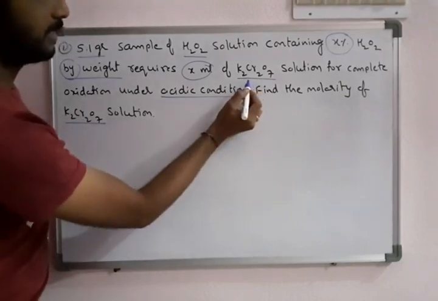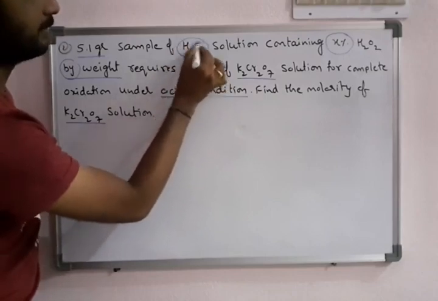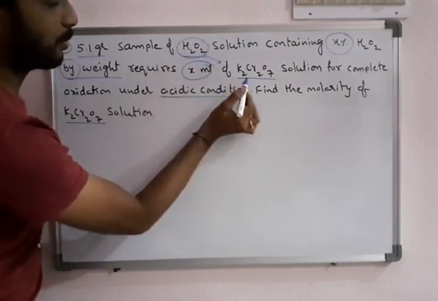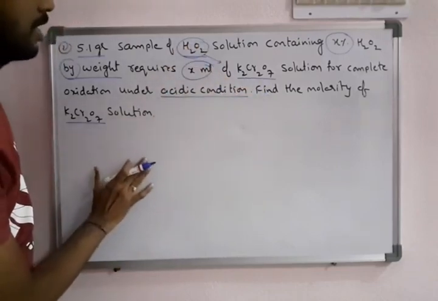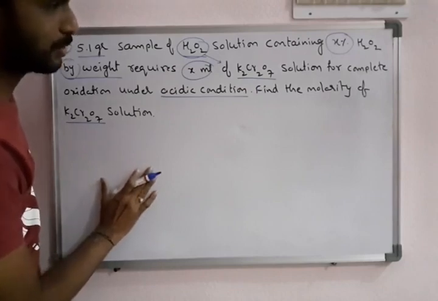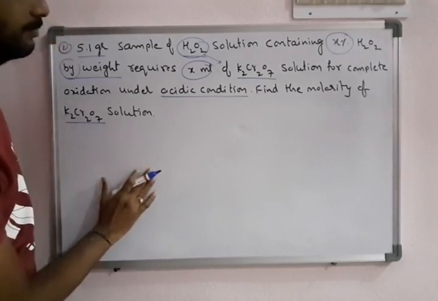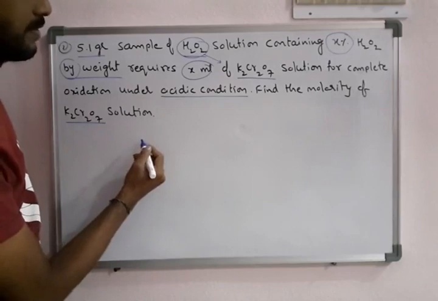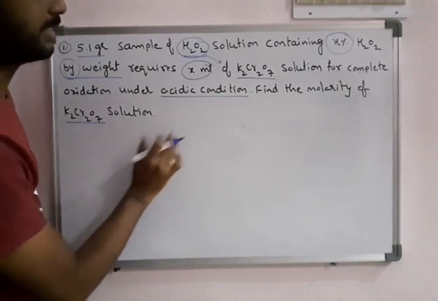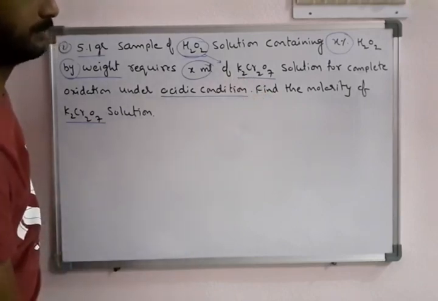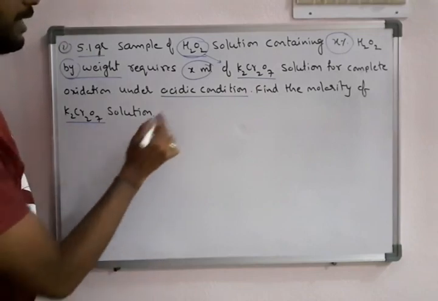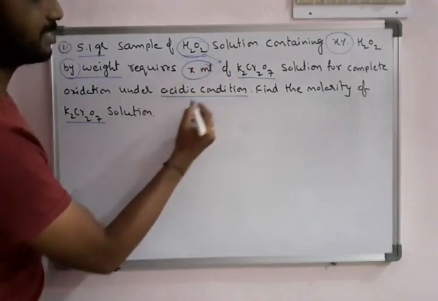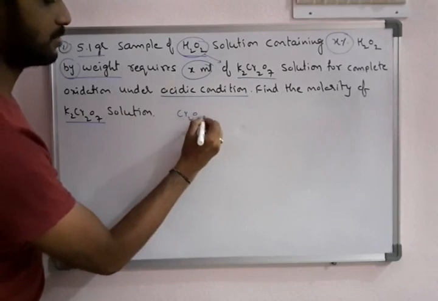So already we know that hydrogen peroxide reduces, oxidizes the potassium dichromate. Here K2Cr2O7 is the oxidizing agent. Itself it is reduced. Here hydrogen peroxide changes potassium dichromate.